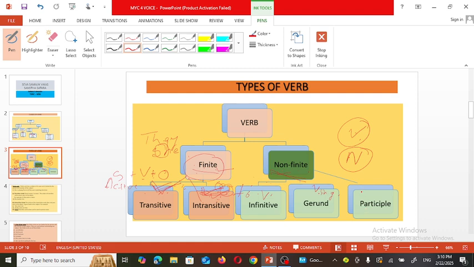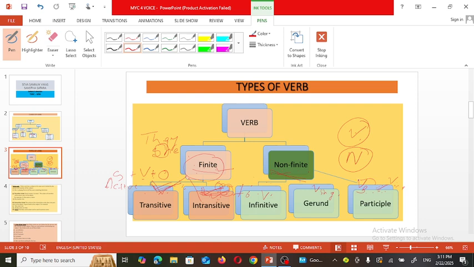And the third one is the participle. Participles are also of two types, past participle and present participle. Present participle means again the verb plus ing form, and past participle means the third form of the verb. For example, written books of Shakespeare are famous in the world. So what is famous? Books are famous. Which books? Written books. So written is an adjective used for the books.